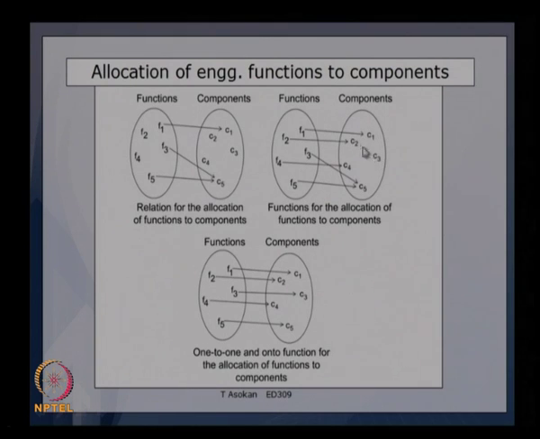In normal allocation you do not have to have redundant components, unless it is for error analysis or error reporting, a kind of fault tolerance system. Otherwise, we do not need two components doing the same function. All these can be avoided by going for a one-to-one and onto function allocation, which is normally employed for mapping the functions to components. That is the way the functions are allotted to components.